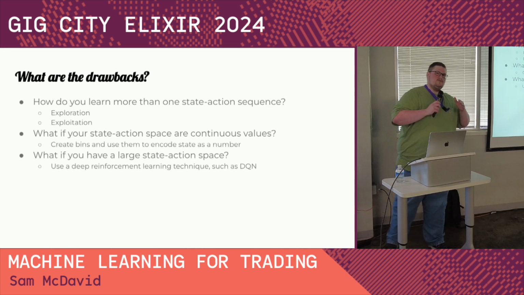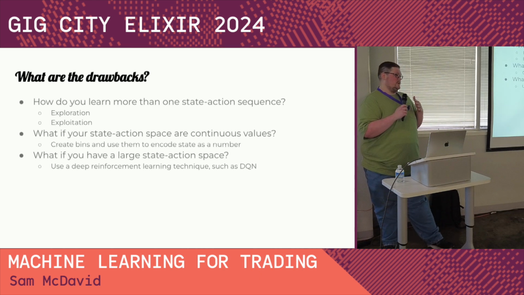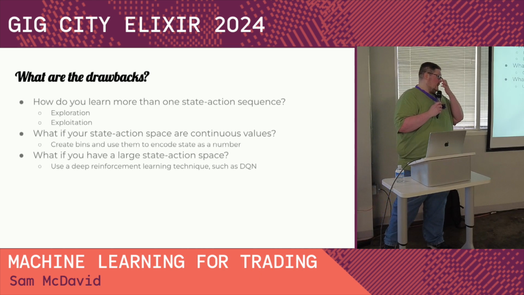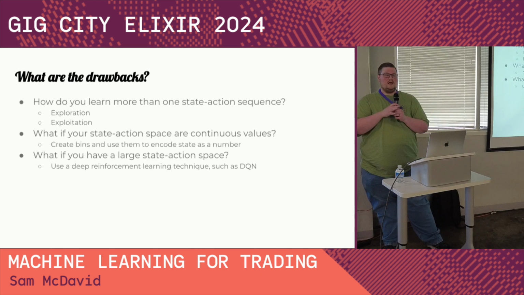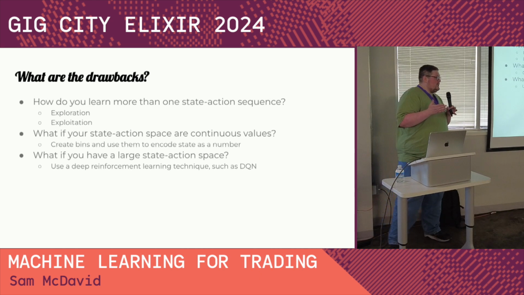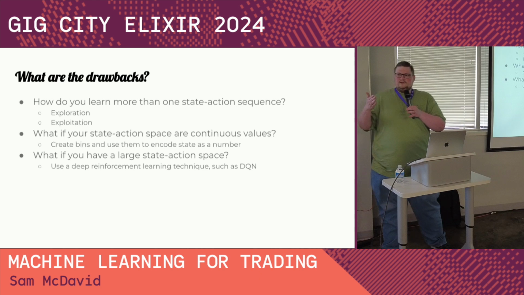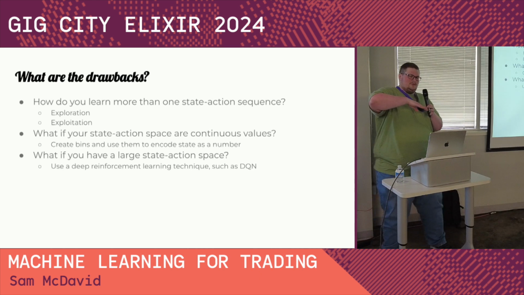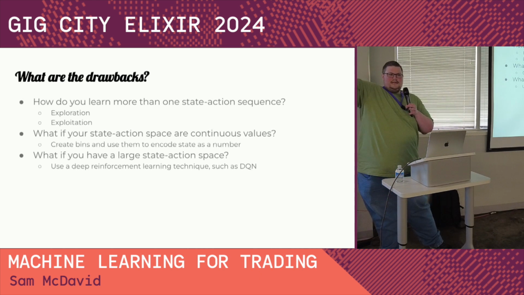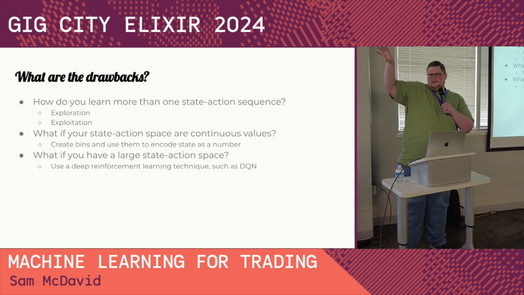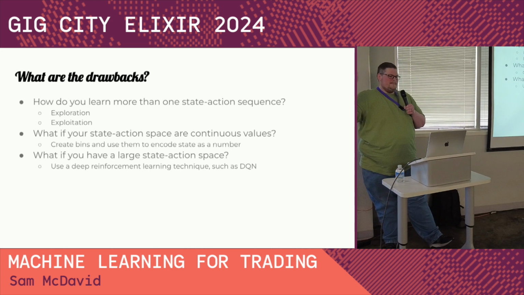In reinforcement learning, we call this exploration versus exploitation. In the beginning, you don't know anything, so you have to mess around and find out. The more you mess around, the more you find out. We want to exploit that once we know something. So how do we handle this?